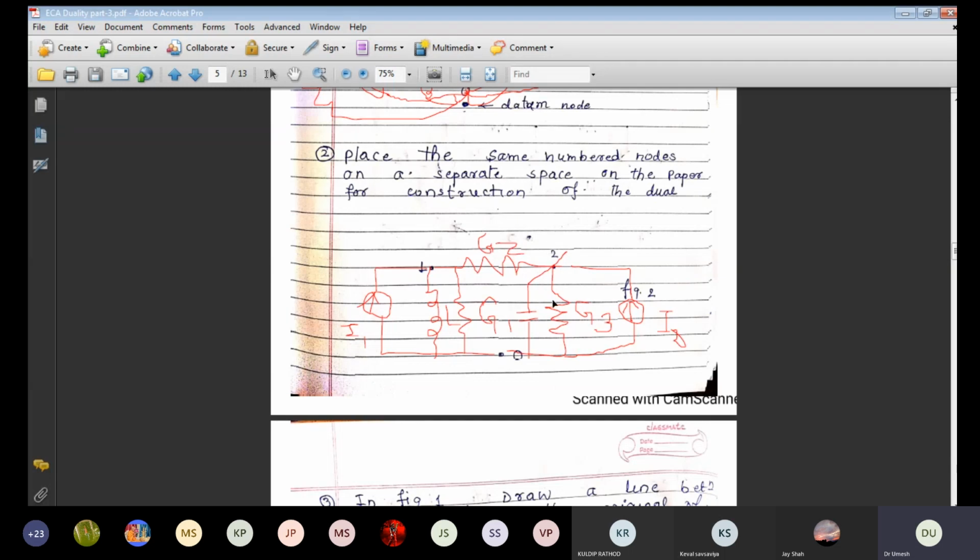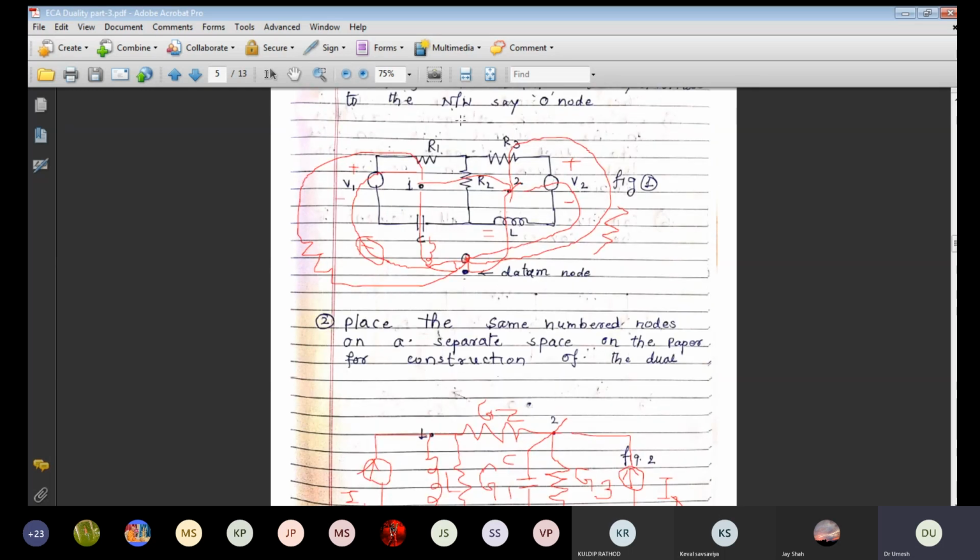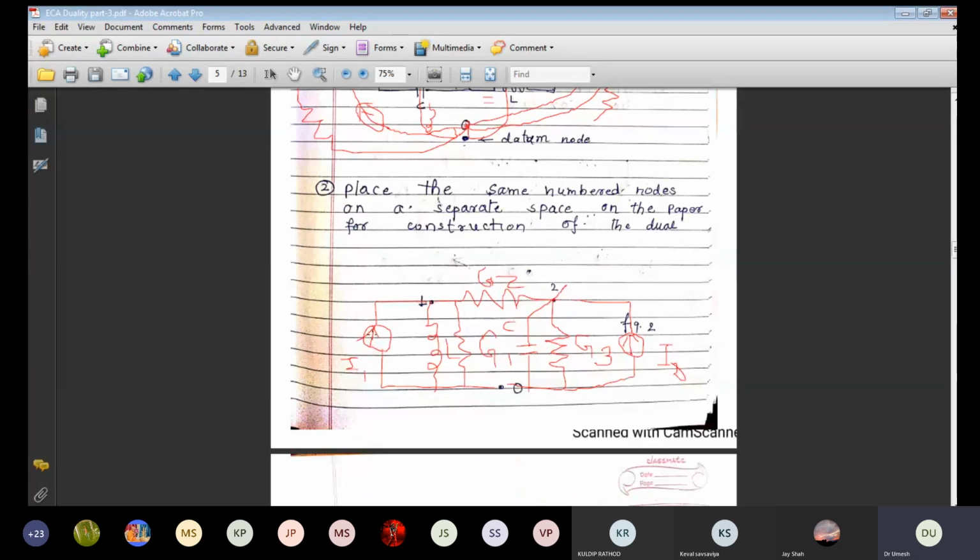This is resistance, capacitor, sorry. So this L will be replaced by C and C will be replaced by L. Means how many components do we have? 1, 2, 3, 4, 5, 6, 7. So here is also 1, 2, 3, 4, 5, 6, 7. So this is a complete dual circuit of the above circuit.